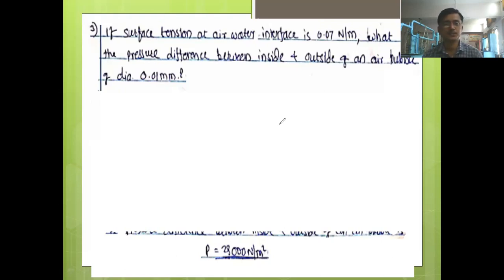Read it carefully and solve it. Write down the given things.